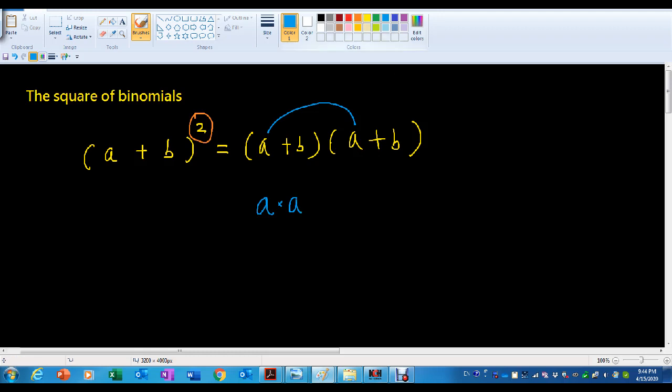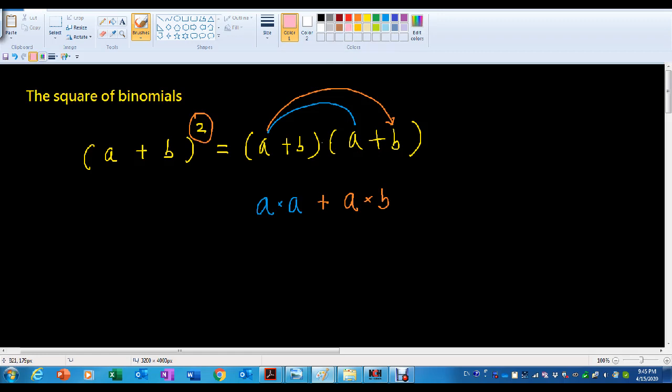The next one is O, which means outer: the first term in the first bracket and the second term in the second bracket, because these two are the outer terms. So that means a times b, and both are positive.